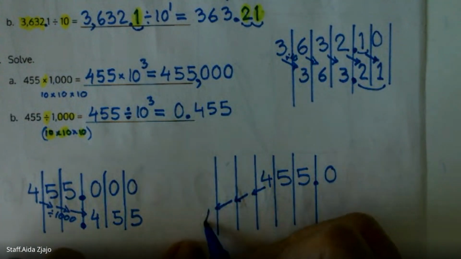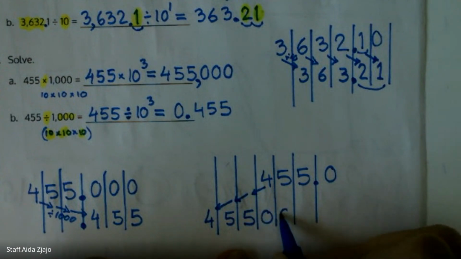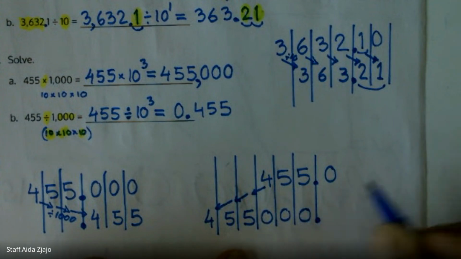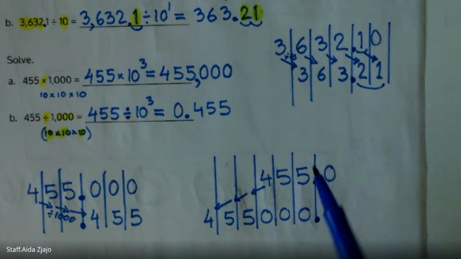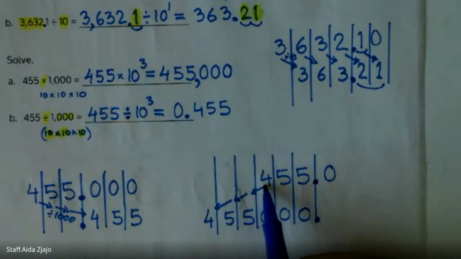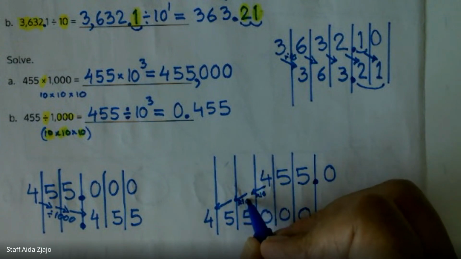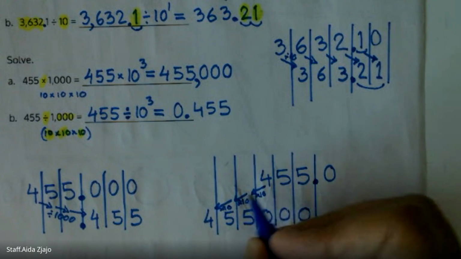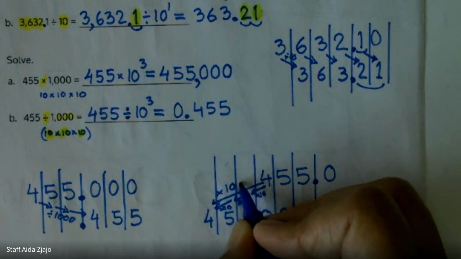So it's going to be 4, 5, 5, and then you will have zeros until you reach the decimal point. So this is multiplying by 10, and again by 10, and again by 10, or all the way multiplying by 1,000.